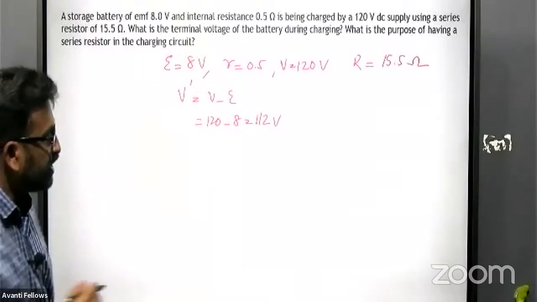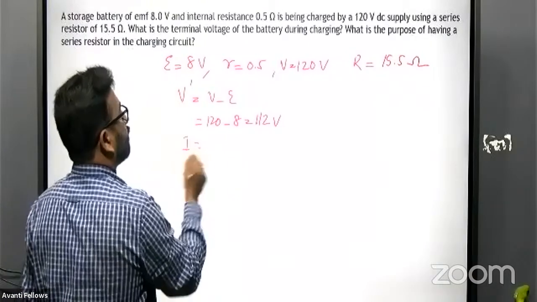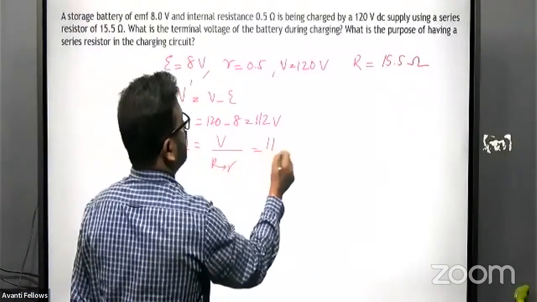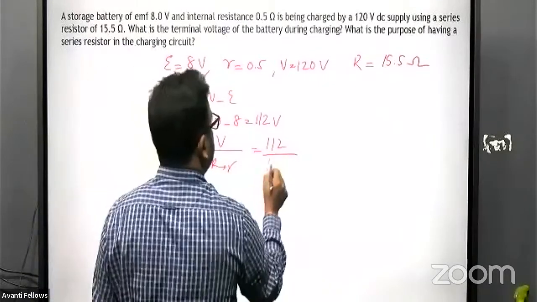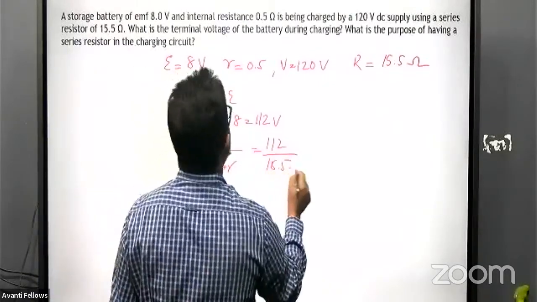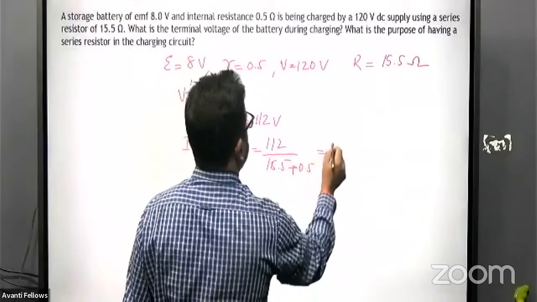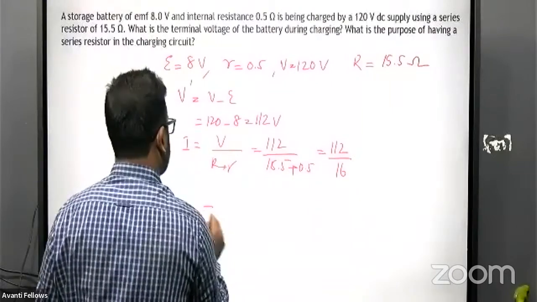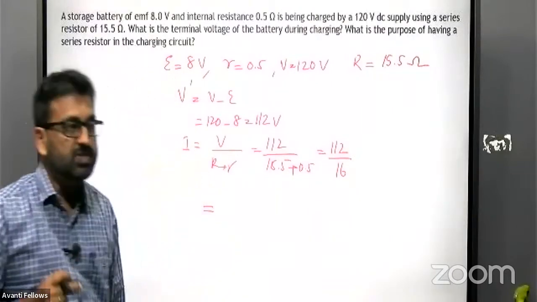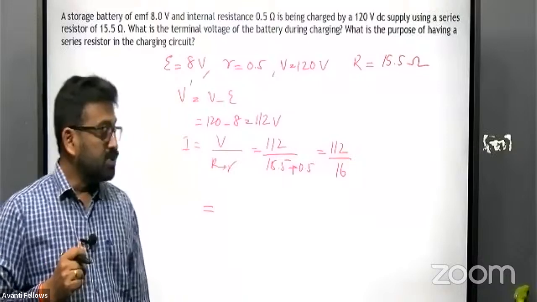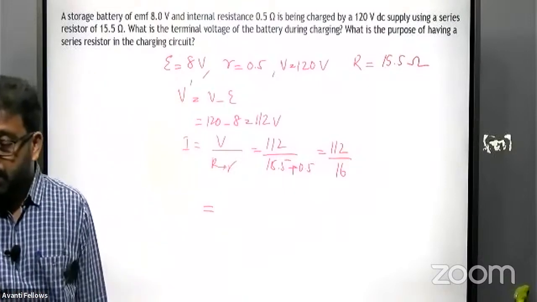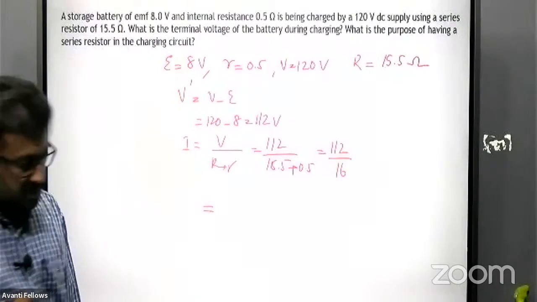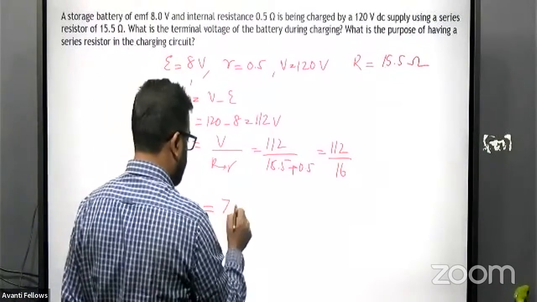Then current I will be equal to V divided by R plus r, that is 112 divided by 15.5 plus 0.5, which is 112 divided by 16. So the current comes to around 7 ampere.